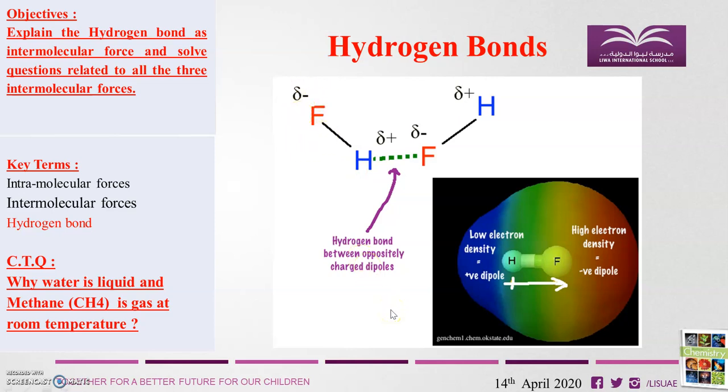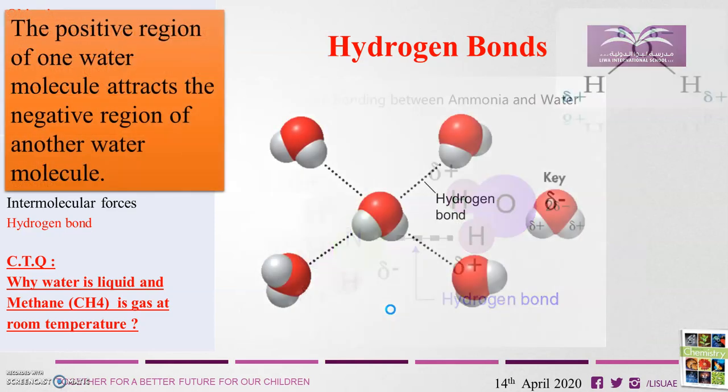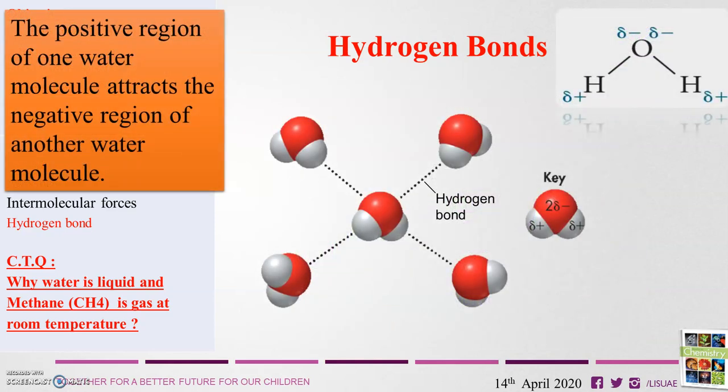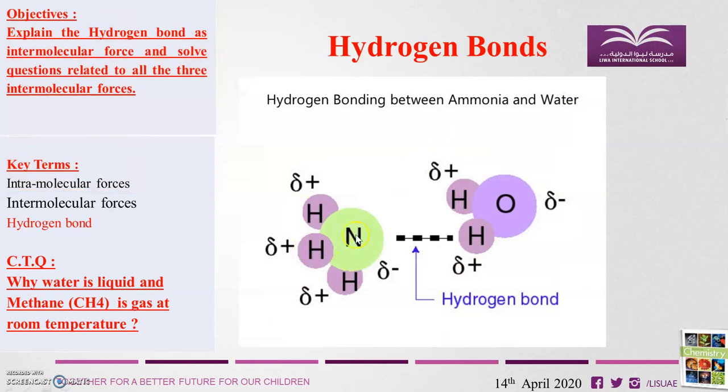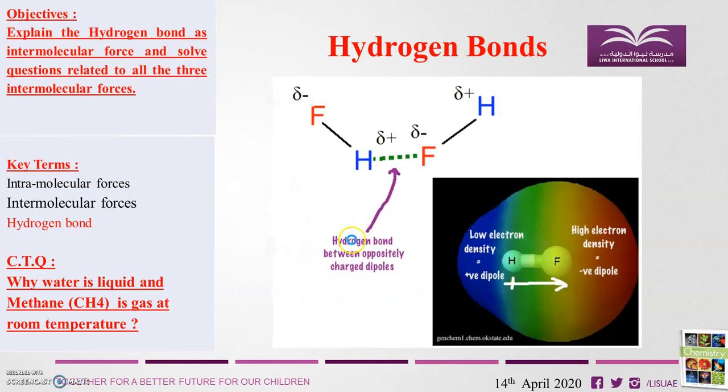So what I want you to see is that a hydrogen bond can form if I have a hydrogen, and this hydrogen should be bonded with oxygen or nitrogen or fluorine, and that's it. This is a hydrogen bond.